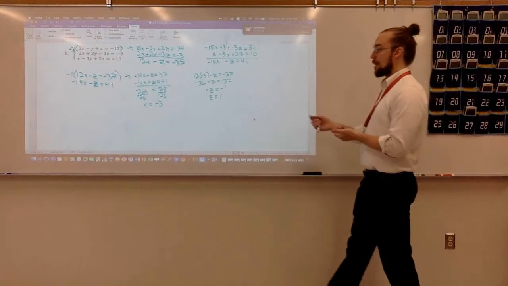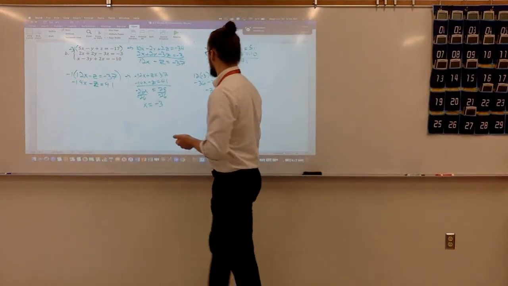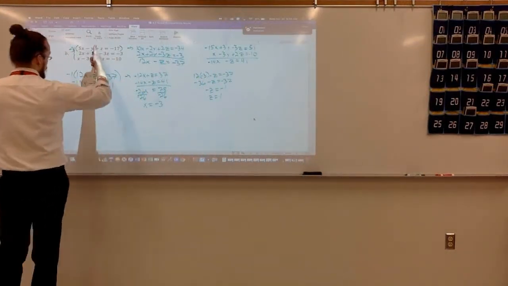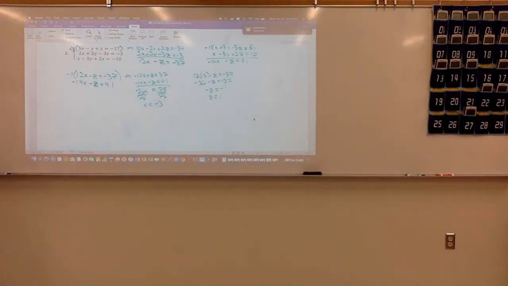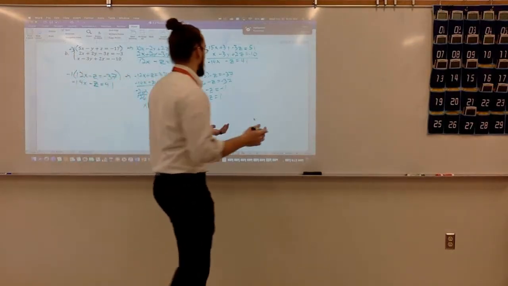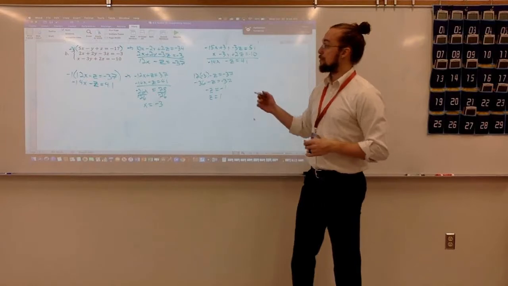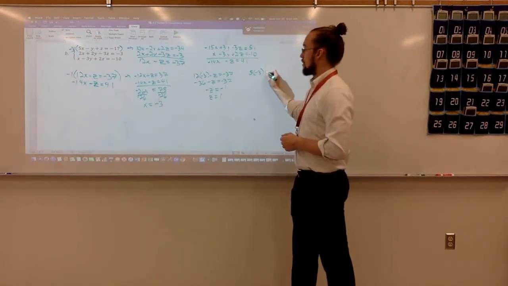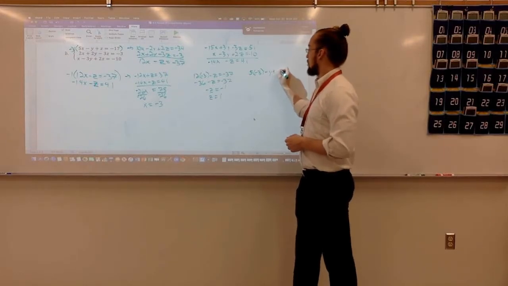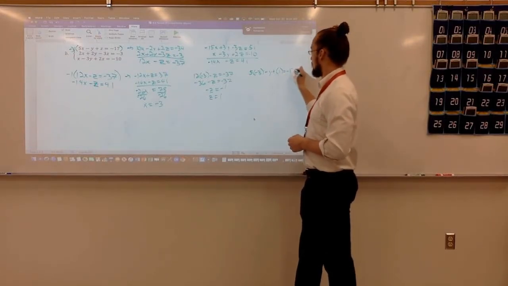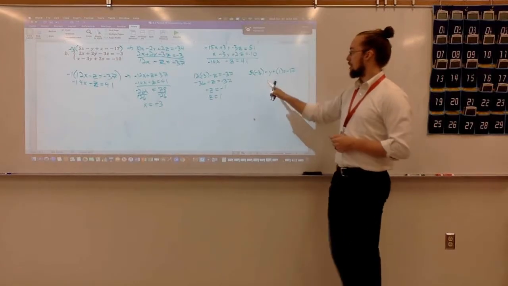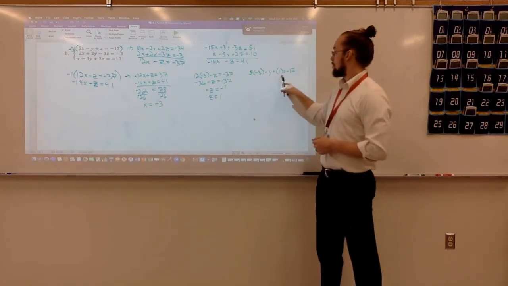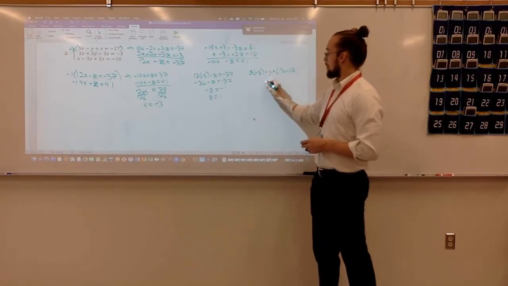So now I can take both of these and plug them back into any of my original equations that has all three variables to solve for y. It doesn't matter which one. I'll plug it into the first one, I guess. So 5 times -3 minus y plus 1 equals -17. So -15 plus 1 would be -14.